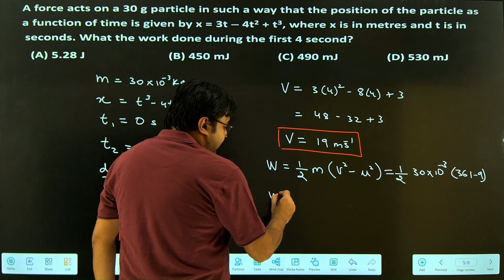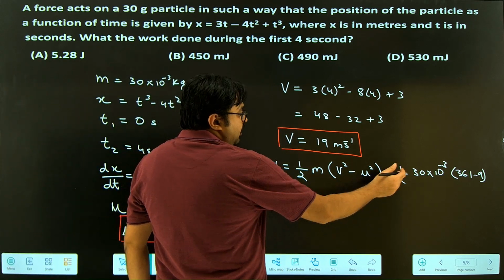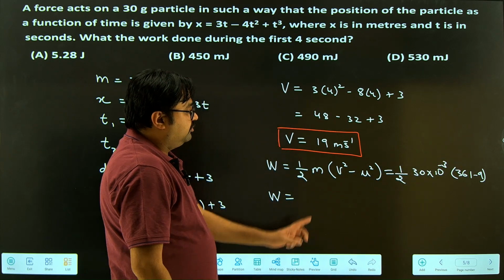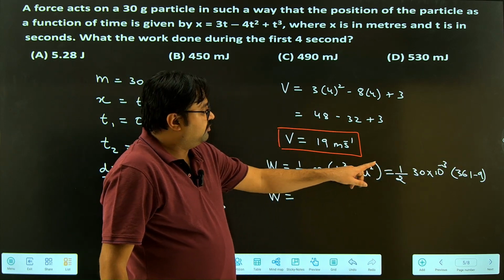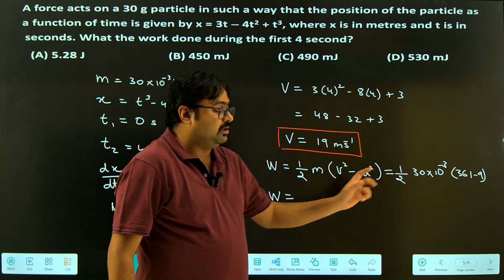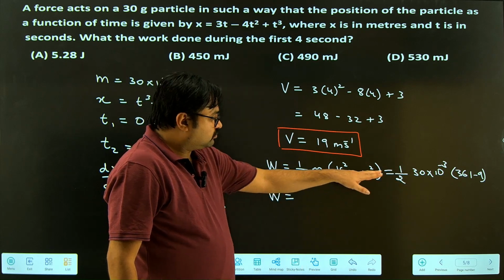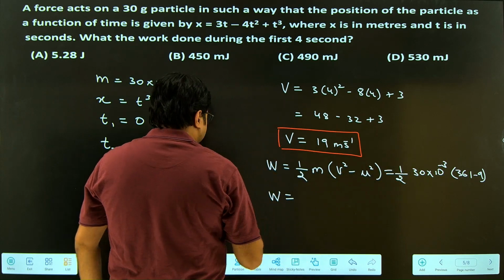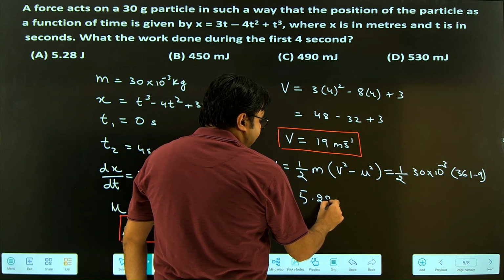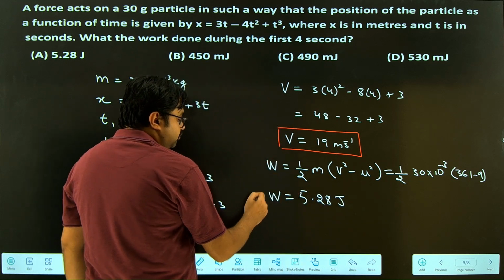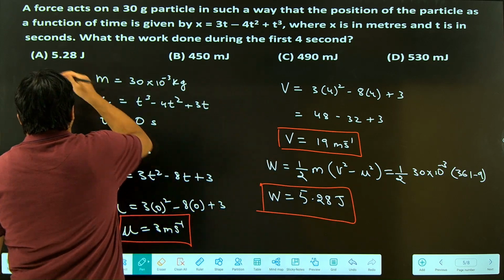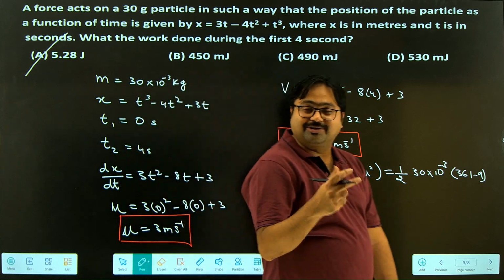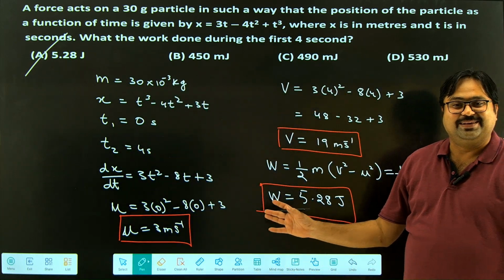So the amount of work done now becomes equal to 361 minus 9 is 352. 352 multiplied by 15, because 30 by 2 is 15, and when you simplify that, you will basically get 5.28 joule. That's the amount of work done, and that's option A.